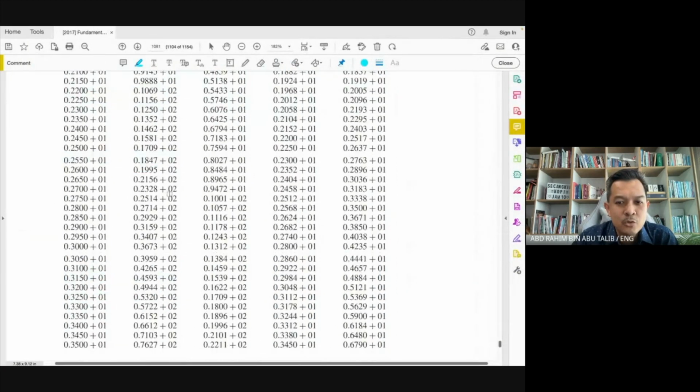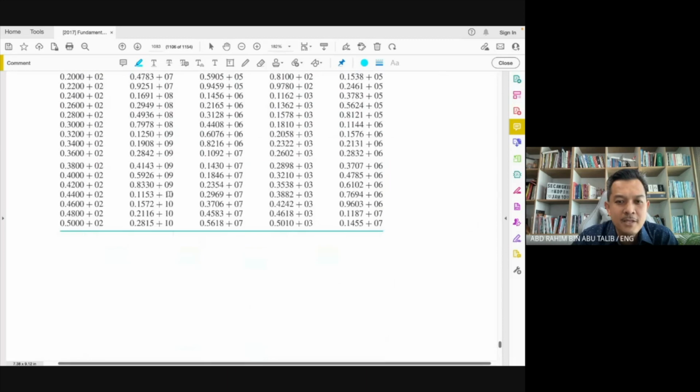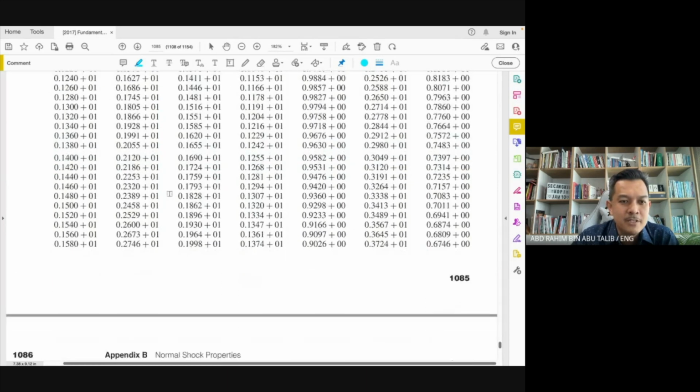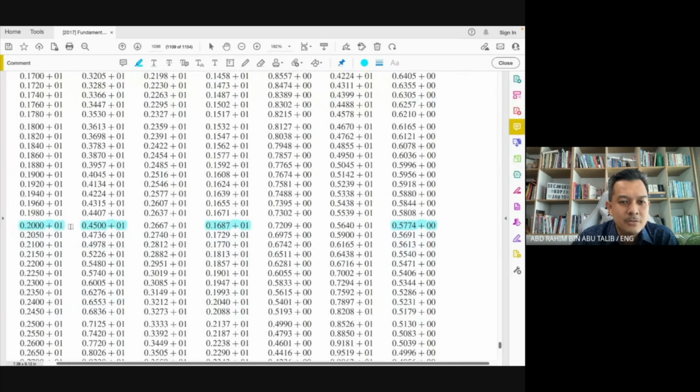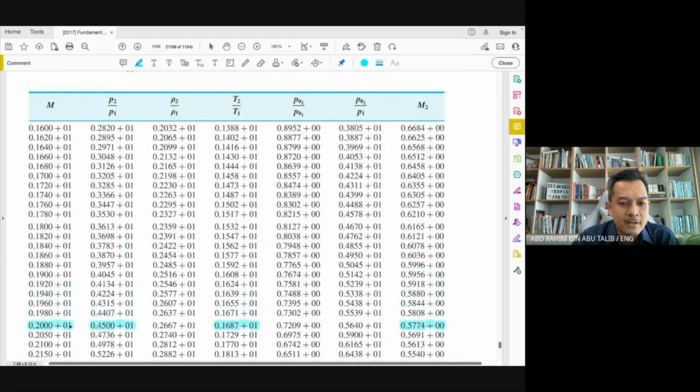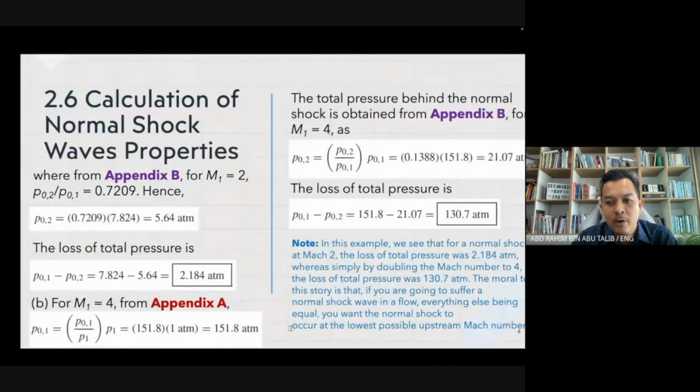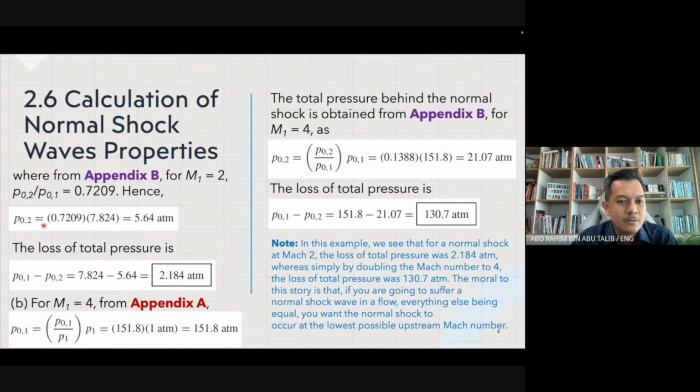We have already looked at it before, but this time you are going to use this value, 0.7209, for P02 over P01. Then you will obtain that P02 value.